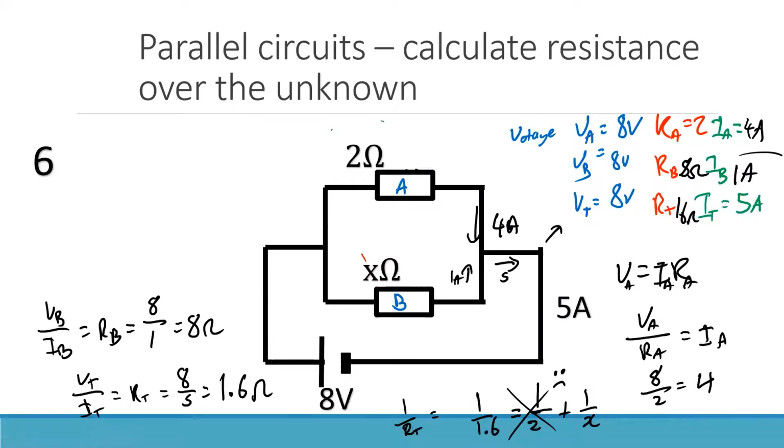You would get 8 over 5 because a half plus a, you just have to make a common factor, and it's just going to be x over 2x plus 2 over 2x, and then that equals, cross multiply that. Yeah, you'll get the answer, but it's just going to be a pain.